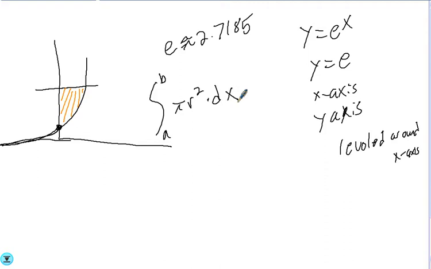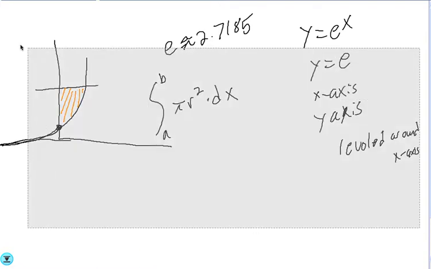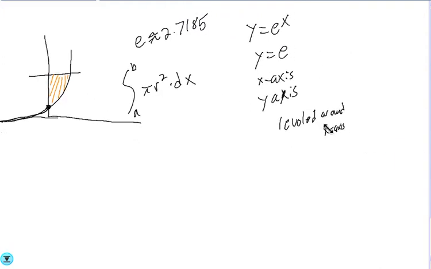If the rotational axis is y, then we have a dy. Now in this case, I don't know if y'all understood that from last time, but it's almost like I've got two separate integrals that I'm going from a to b. I haven't figured out what a and b are yet. It's from here to here.